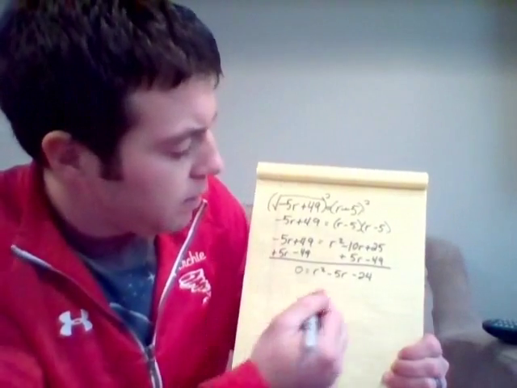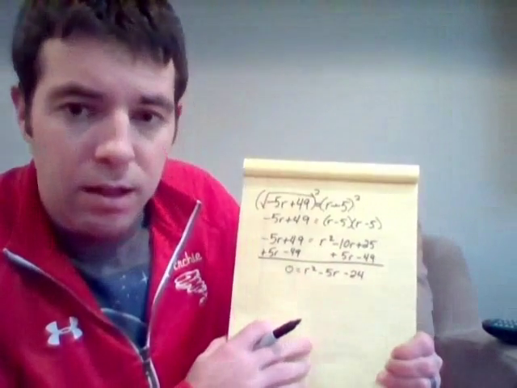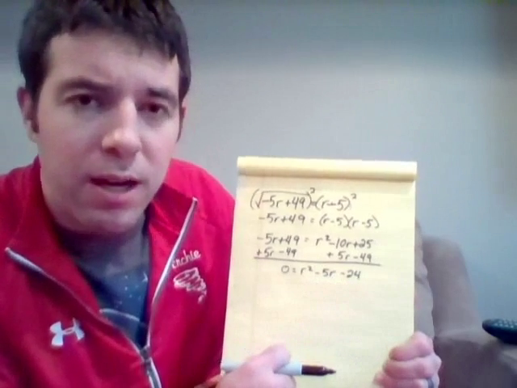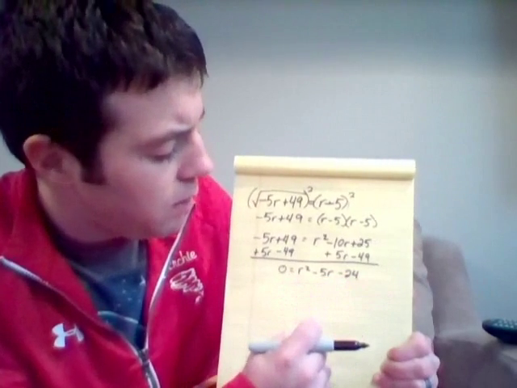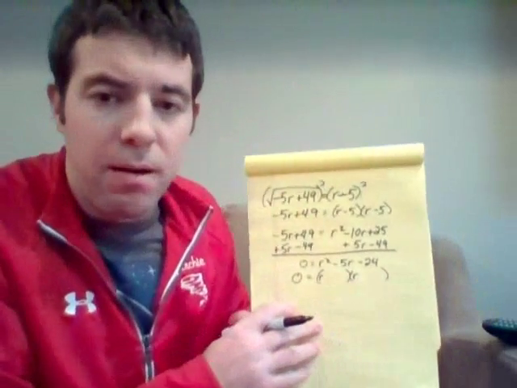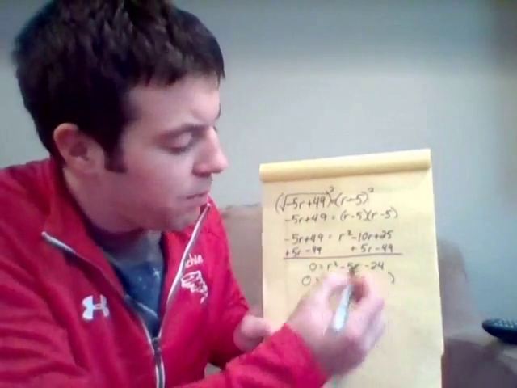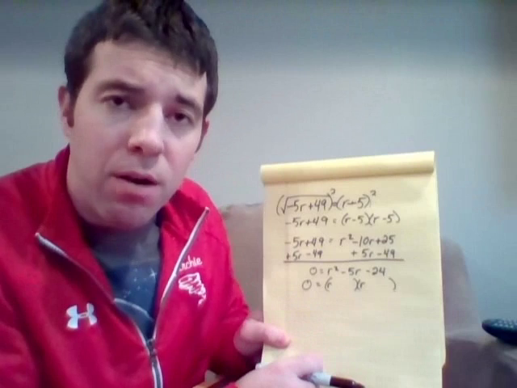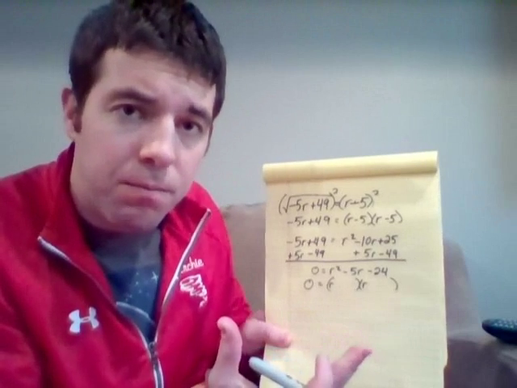Now I have this, and notice we've got this just like we're used to. I'm going to have to solve this by factoring. So we put our parentheses up, and I can go ahead and put an r in the front. What factors of negative 24, when I add them together, give me negative 5?